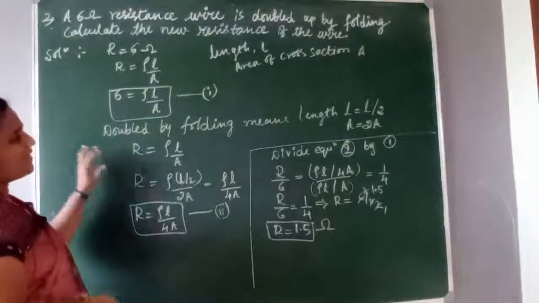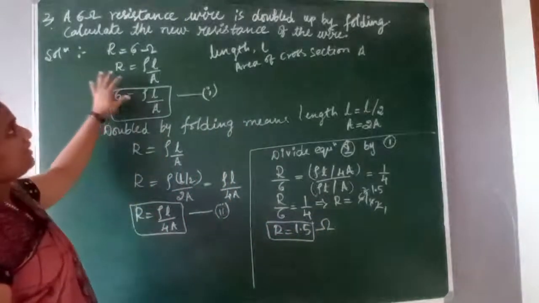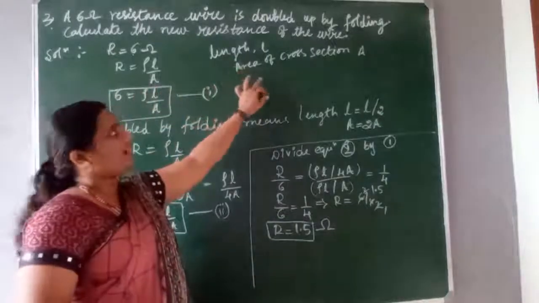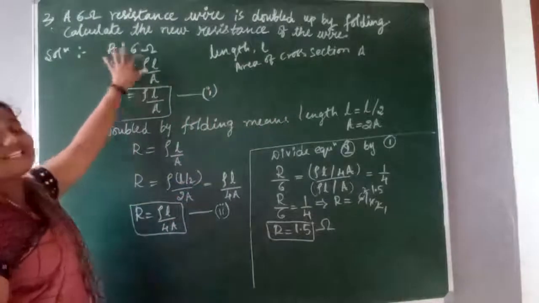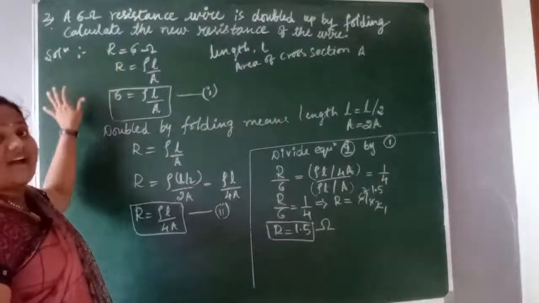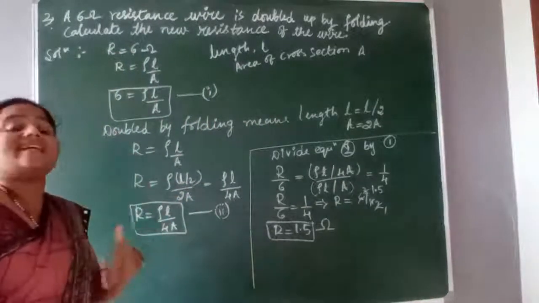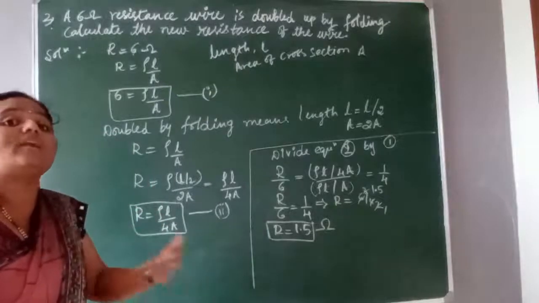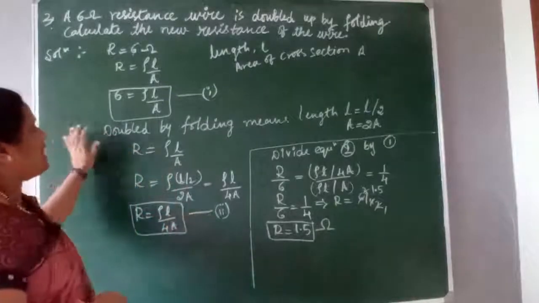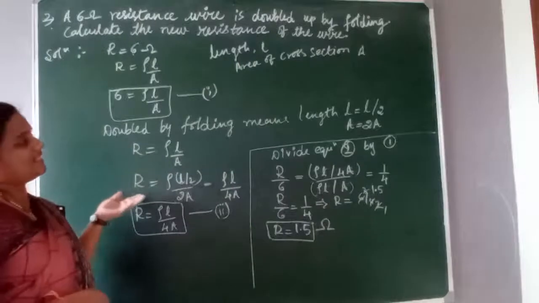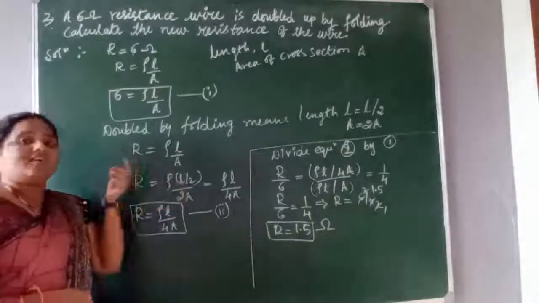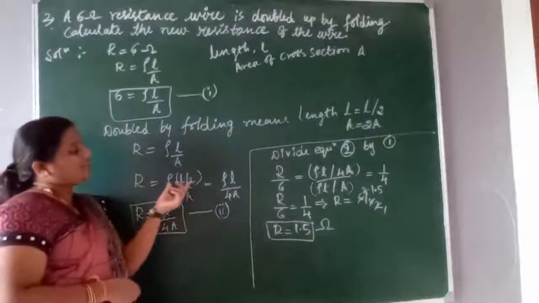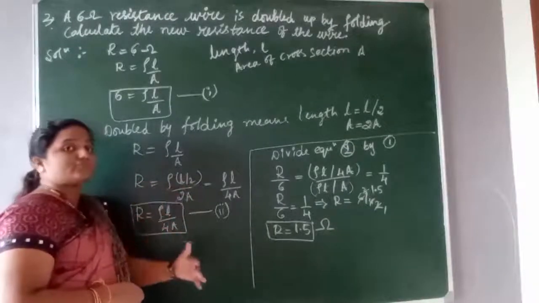See, it is clearly saying that initially the length of the wire is L and the area of cross section is A, and its resistance will be 6 ohms. Suppose the wire is doubled, folded up by doubling, then we will get a new resistance, and we have to calculate that. When we are folding it, the length will be reduced to half.